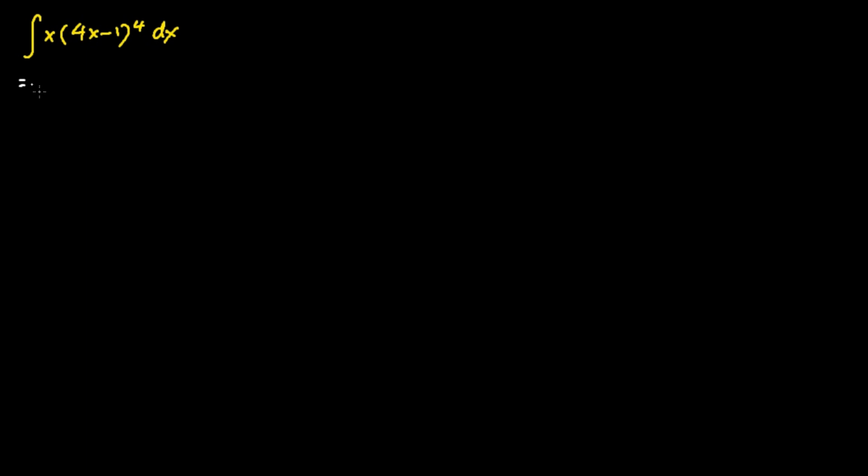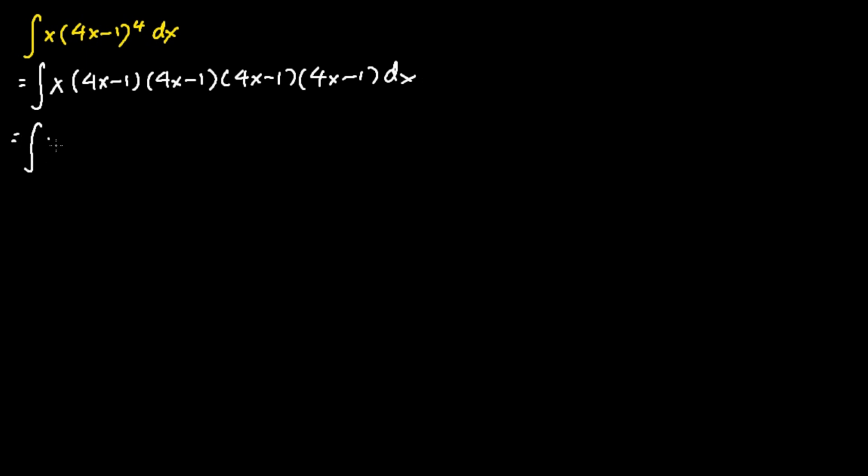For the first step, we are going to start working on expanding out the 4x minus 1 to the power of 4. So I split it up into 4x minus 1 times 4x minus 1 times 4x minus 1 times 4x minus 1 dx.